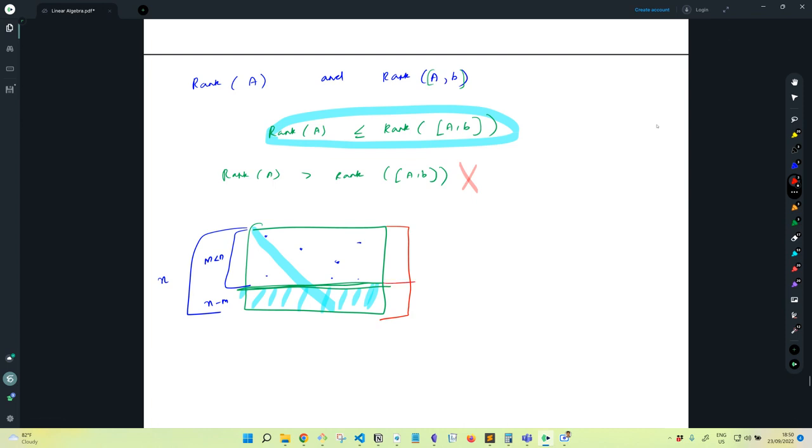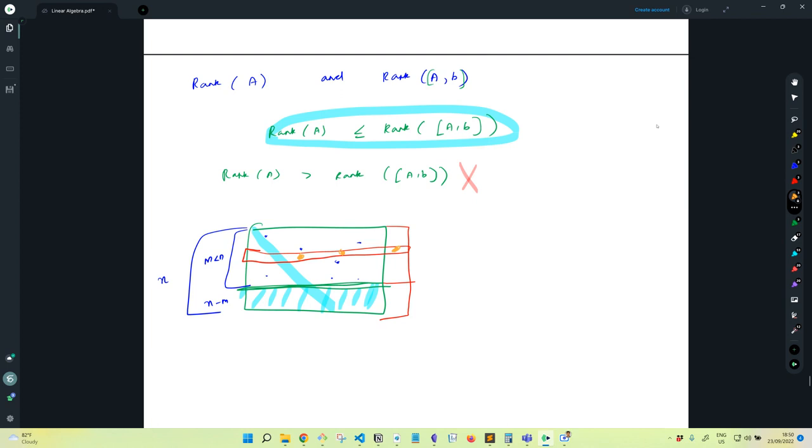Now, can somebody tell me, if I append, no matter whether I append a zero or a non-zero, will any row in the top m rows all of a sudden become zero? No, right? Because this row is in the m part, since there was already some entry in A that is non-zero.